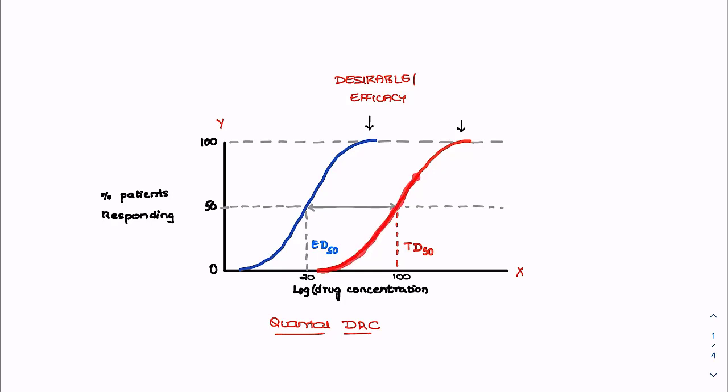On the other hand, please remember, when you increase the dose, the graph is shifting towards the right-hand side and moving further. The graph represented in red color is the maximum dose which can be given.